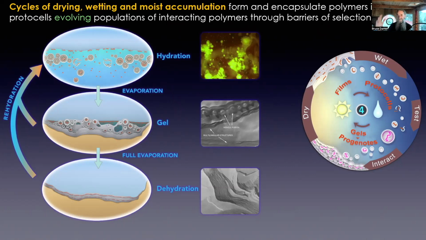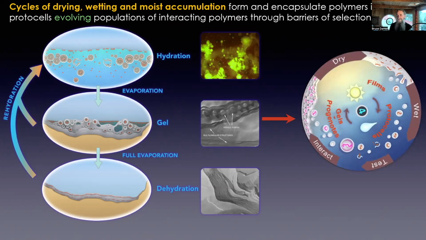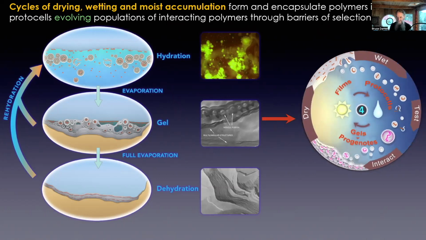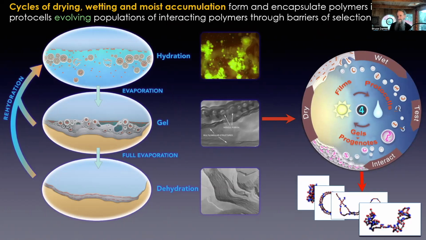And so this is a multiple selective cycle, basically a combinatorial engine that can run and generate many, many different polymers, many of which can be subject to selection pressures, such that out of a background of random sequences emerge functional polymers. Dave mentioned some of those earlier, some that would function as pores, or others that would function as catalysts.